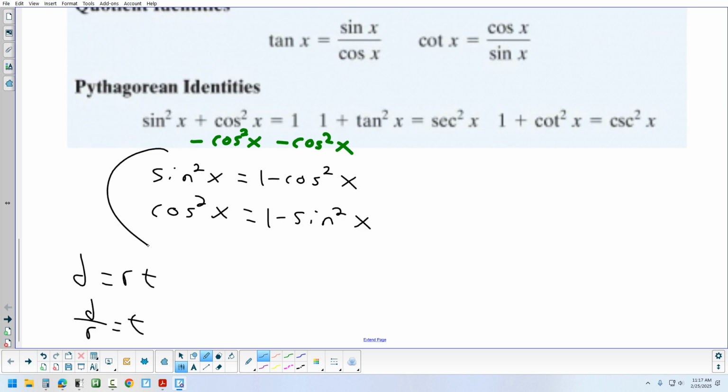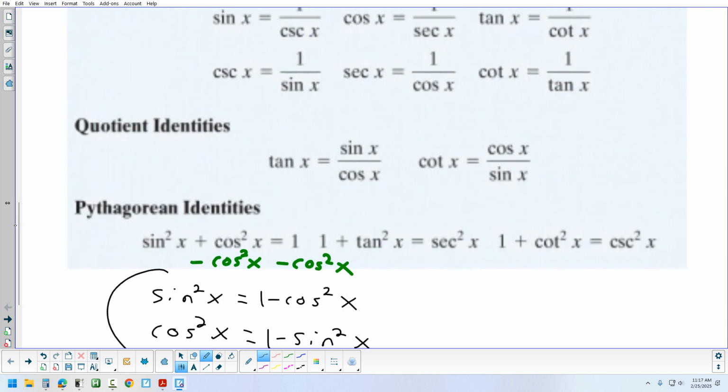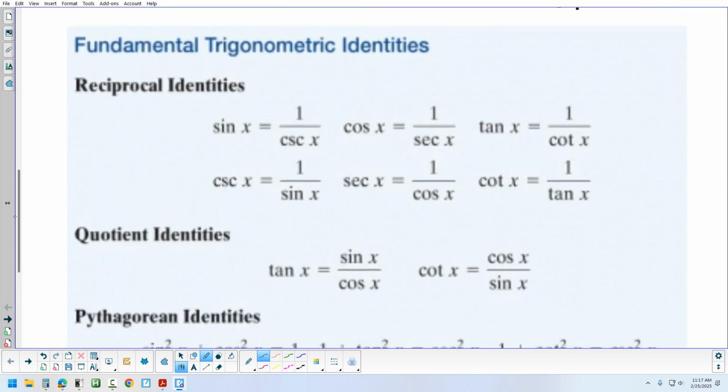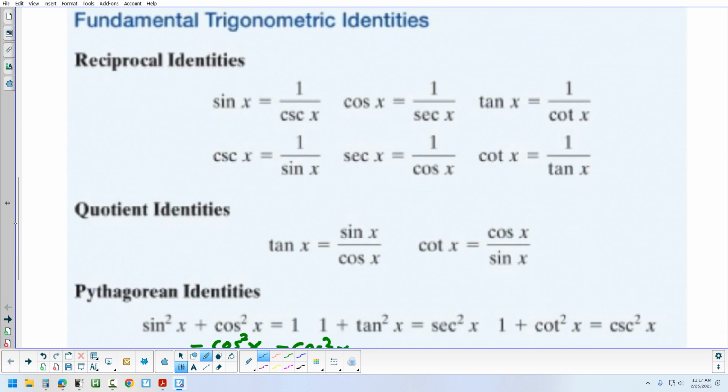All right, so when we're solving a problem, a hint that you might need to use one of these Pythagorean identities is if you start seeing exponents of 2 popping up in the problem. If you don't see exponents of 2, a lot of times we're probably not going to use one of these identities. Now, the tough thing about identities is there is more than one way to do them, especially as they get more complicated. Okay?